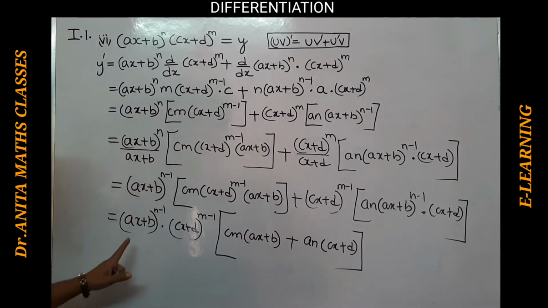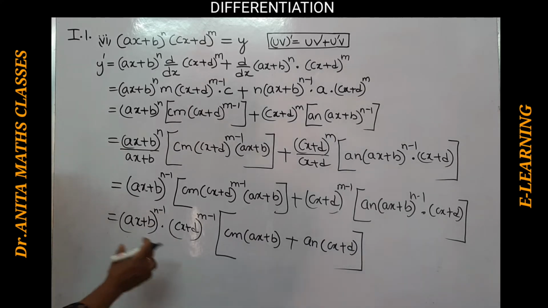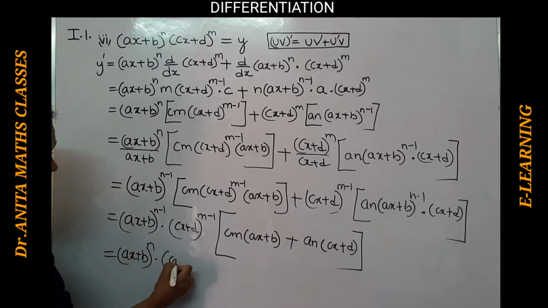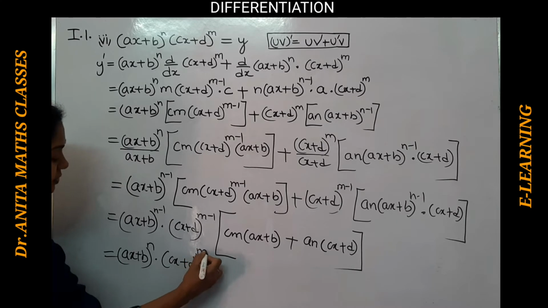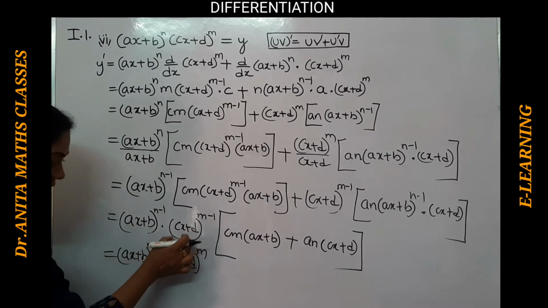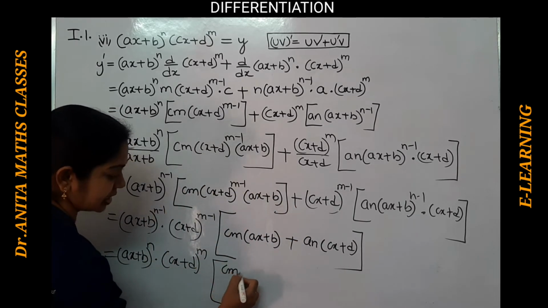Right. Here, if you see this ax+b, and cx+d, that we will take inside. So this becomes (ax+b) raised to the power of n and (cx+d) raised to the power of m. So what am I doing here? (ax+b) divided by (ax+b) and divided by (cx+d). I am taking it inside.